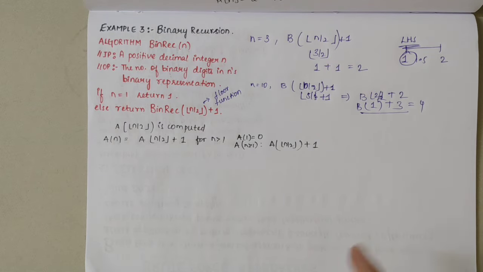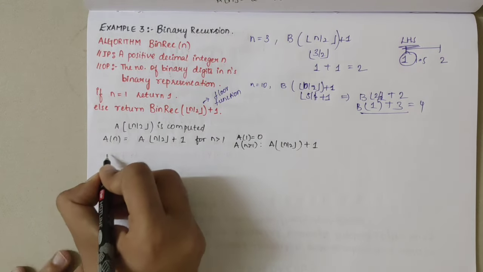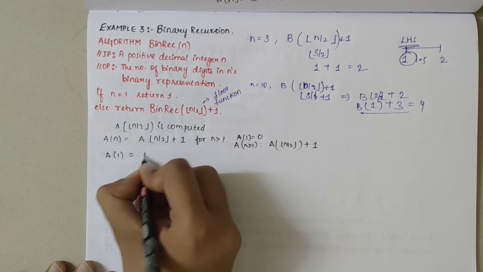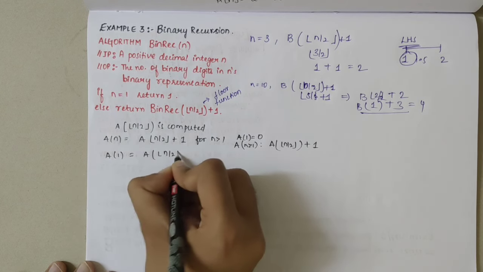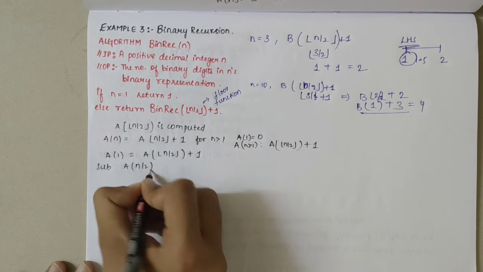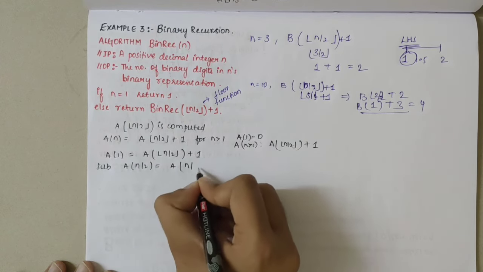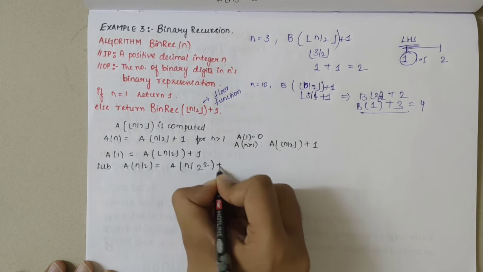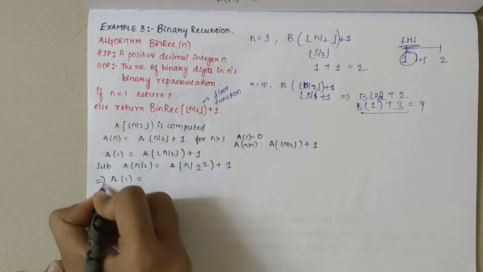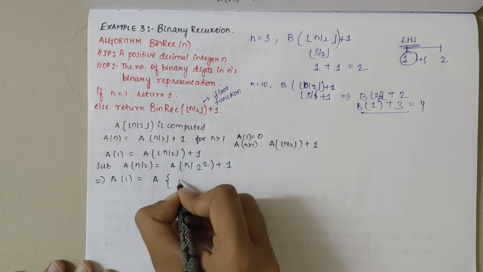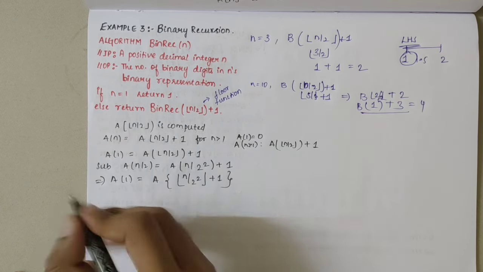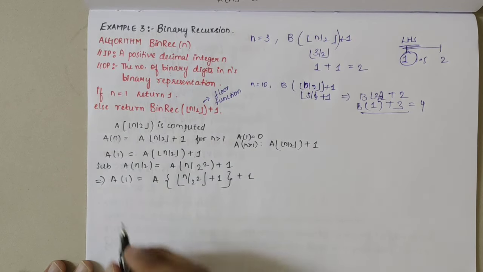So I'll start solving this now. A of n is equal to A of floor division n by 2 plus 1. Now I'll substitute A of n by 2 here, that is A of n by 2 squared plus 1. Externally, I'll be having 1 here, right?